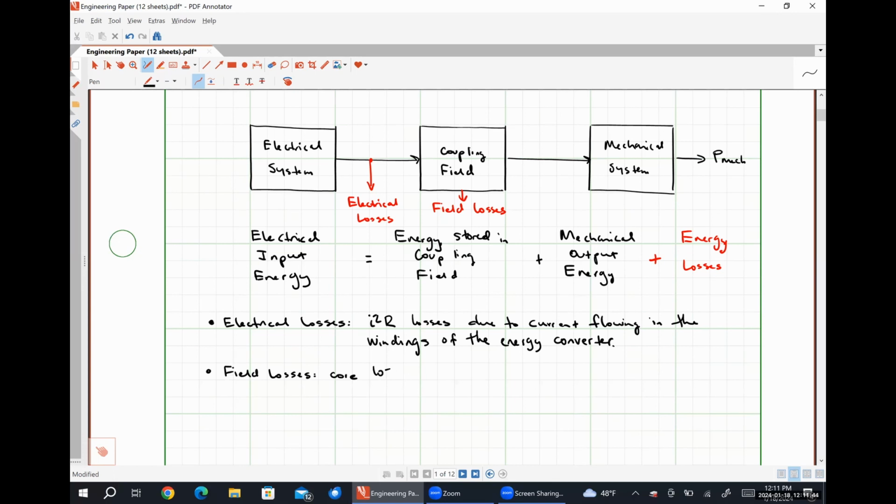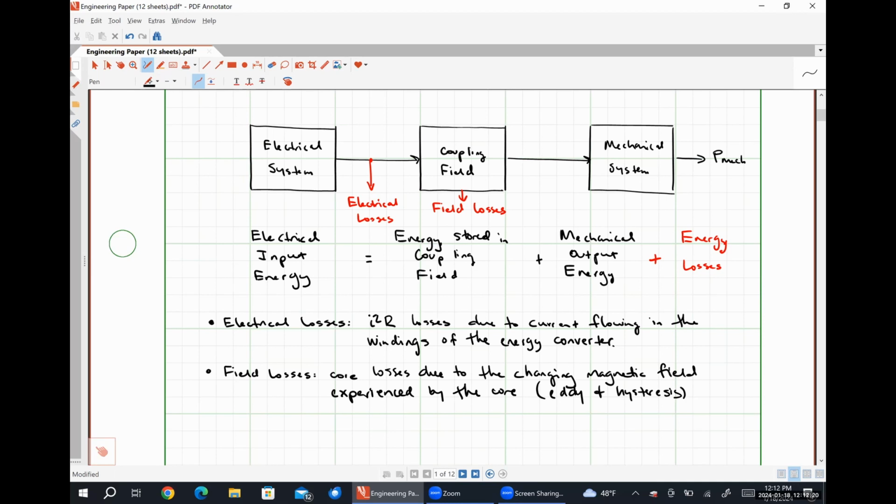So these are core losses due to changing magnetic field experienced by the core. I'm going to put here eddy and hysteresis, like we talked about at this point well over a month ago.